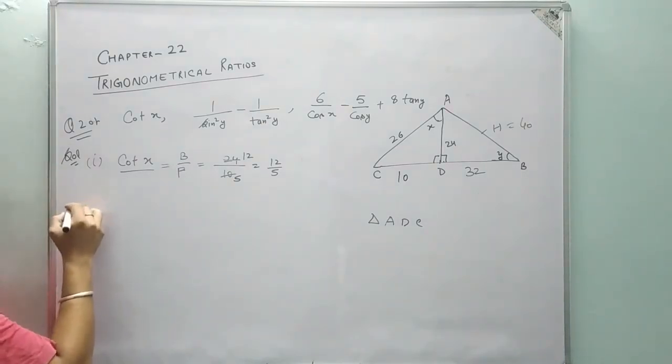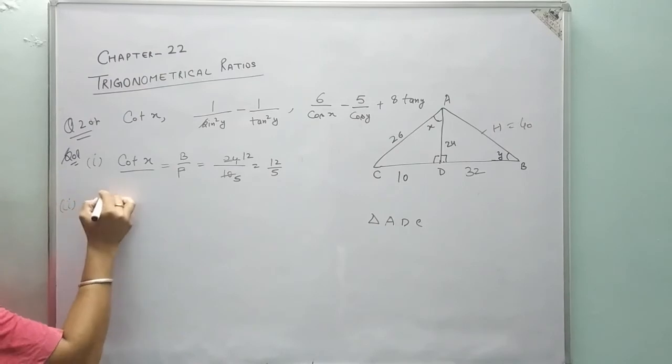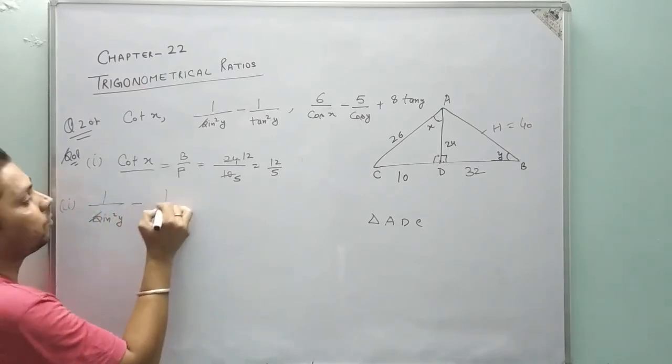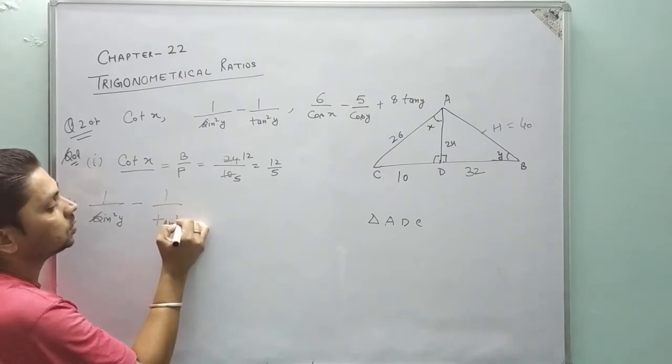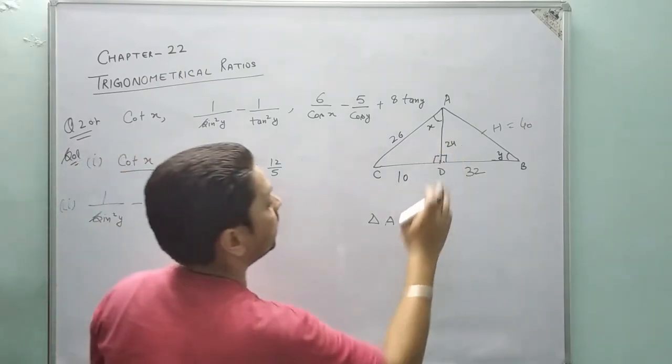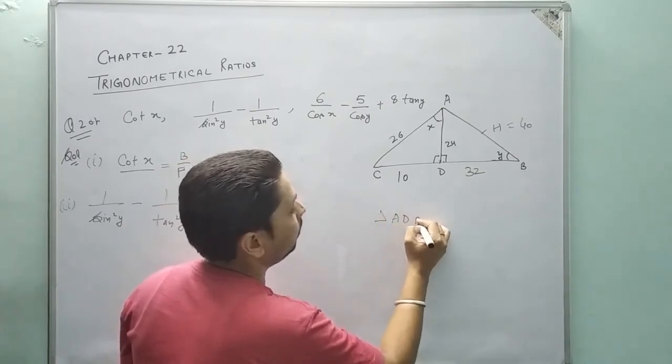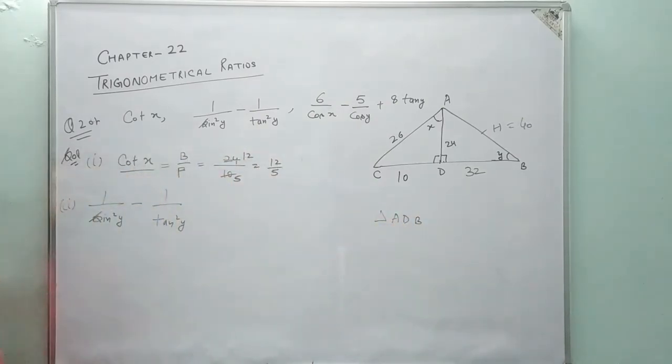Second, we have to find the value of 1 over sine square y minus 1 over tan square y. Since y is an angle of triangle ADB, we'll take the triangle ADB.